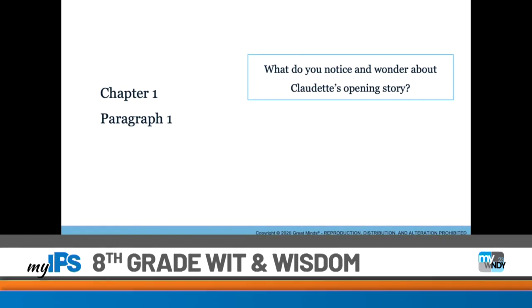I notice that in the opening of the chapter, it's told from Claudette's point of view. I also wonder why the white boy was not punished. I want to know what made the boys act so cruelly. I also wonder who Claudette Colvin is and why there's a whole book about her.